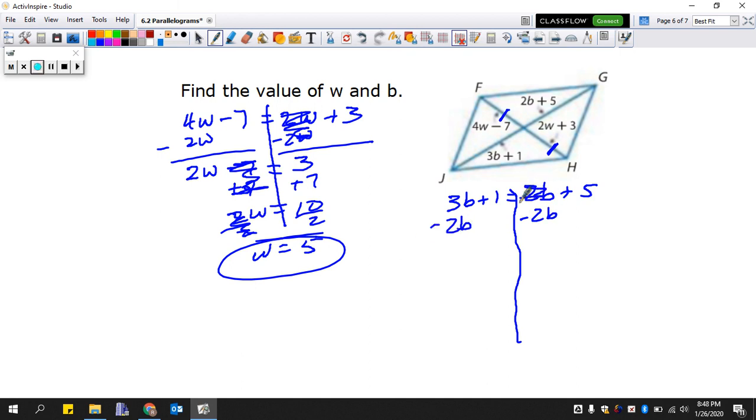We're left with 1b plus 1 is equal to 5. We are going to subtract 1 from both sides. 1 times b is just b. 5 minus 1 is 4. So b is equal to 4.